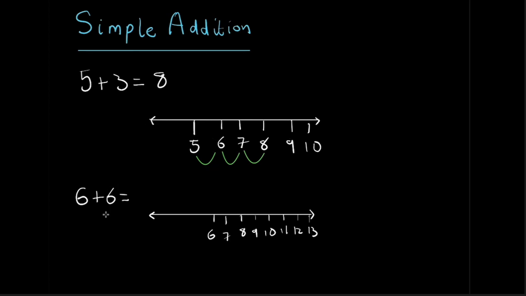So from here we can use 6 steps. So the steps will be 1, 2, 3, 4, 5, 6. So that means 6 steps reach 12. This means our answer is 12. So 6 plus 6 equals 12.